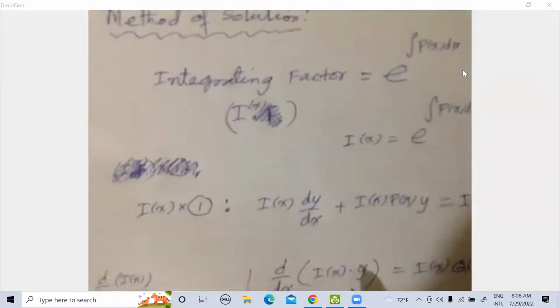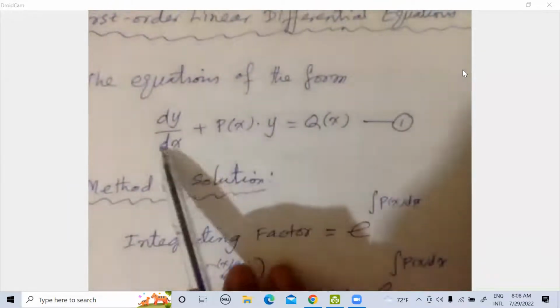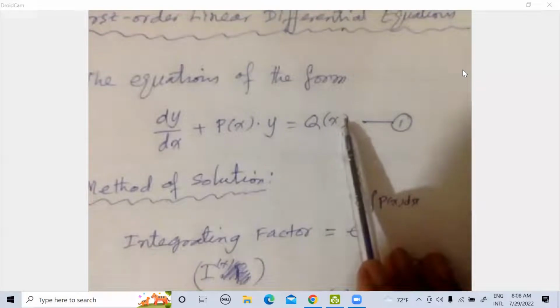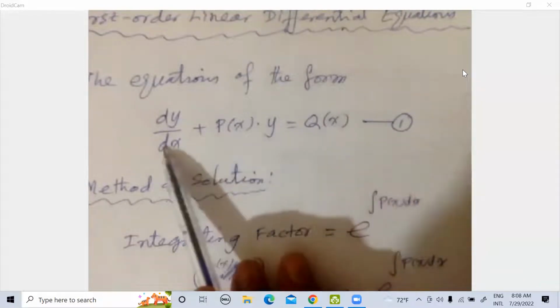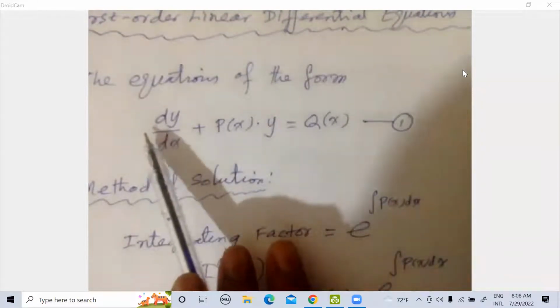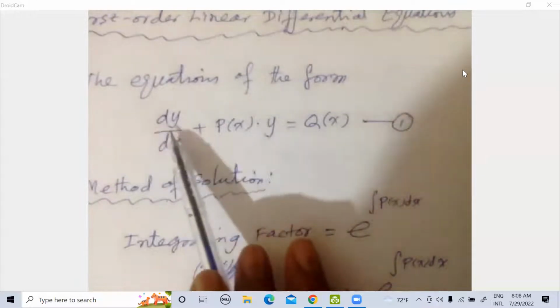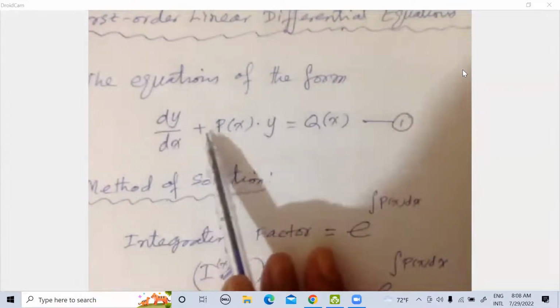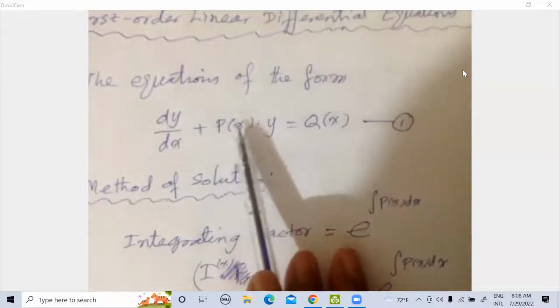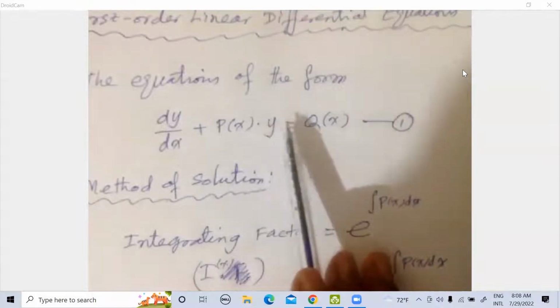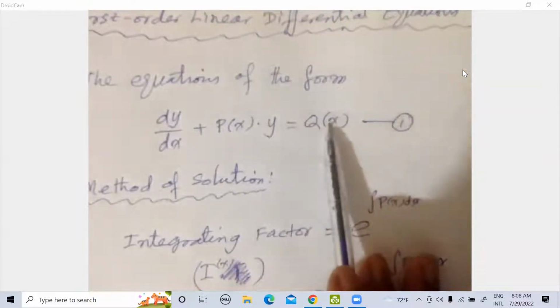After finding the integrating factor, you take the equation and multiply it by the integrating factor. Something beautiful happens when you do that. So I(x) dy over dx plus I(x) p(x) y equals I(x) q(x).